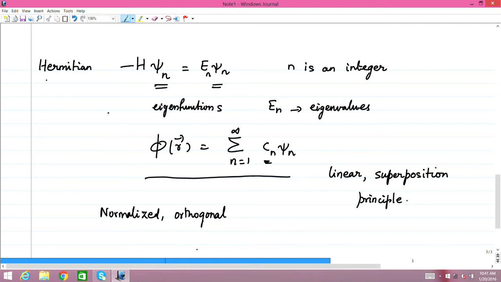Hermitian operators are associated with observable properties, experimentally observable properties. So, the wave functions can be normalized, the wave functions are orthogonal, and they have the specific property, namely the integral of psi_n star psi_m over all the coordinate space available to the system is delta_nm, which is the Kronecker delta.